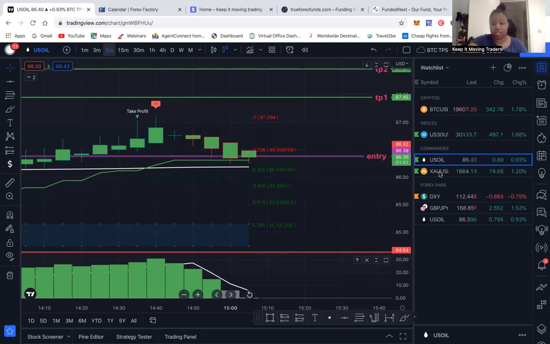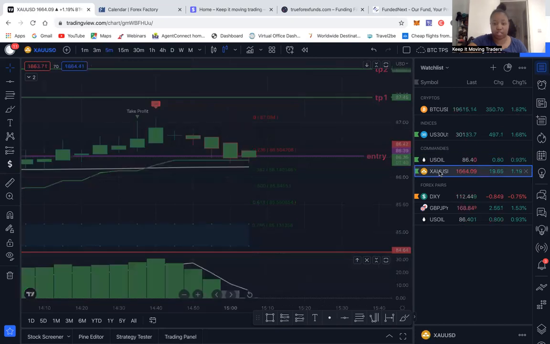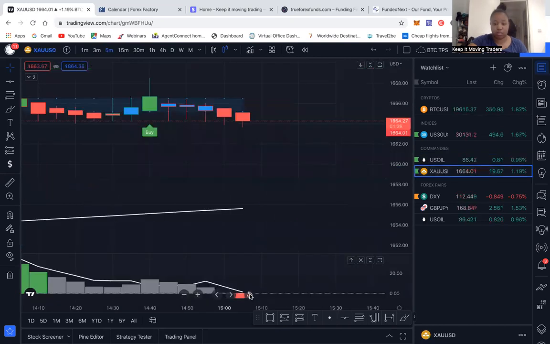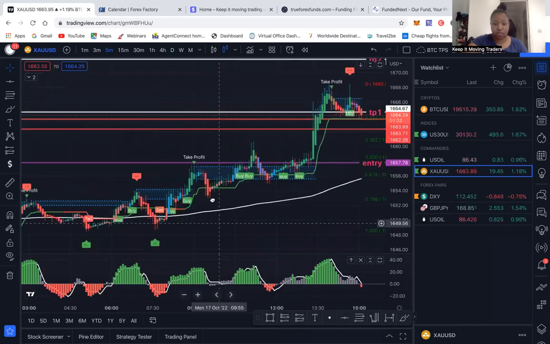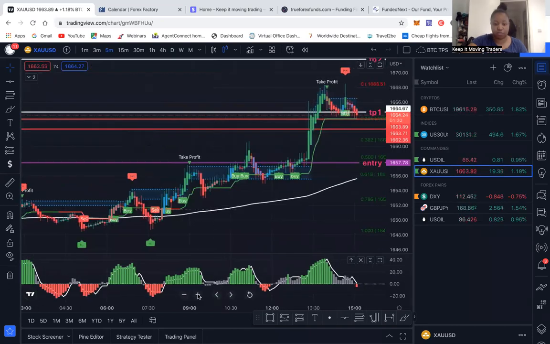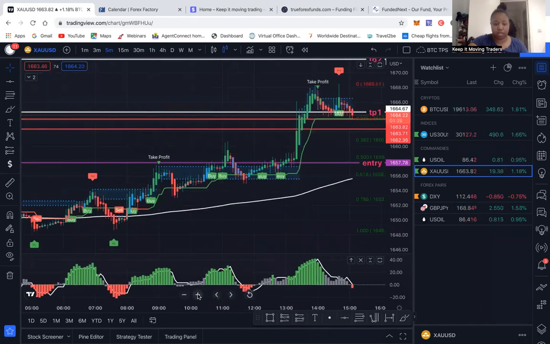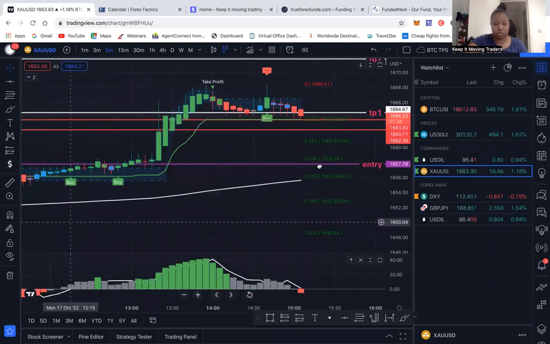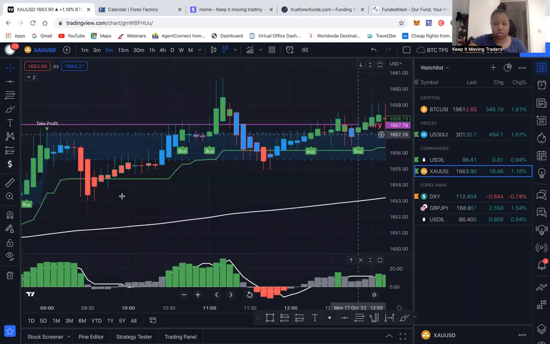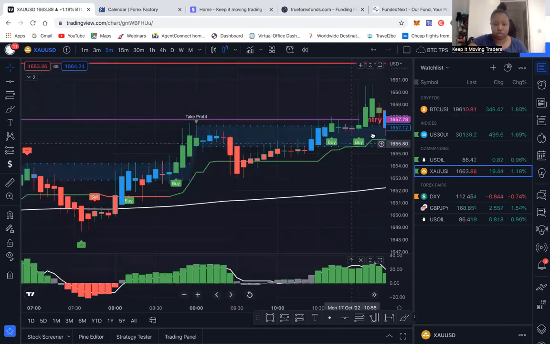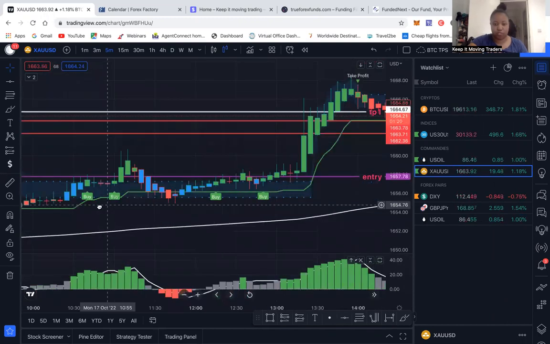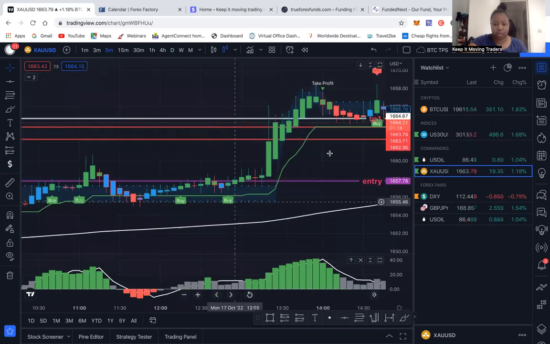Now, for example, if I did go on gold on the 5 minutes, this is what you would have done. Right here is a perfect example. Hold on a second. I need a steady flow of candles.